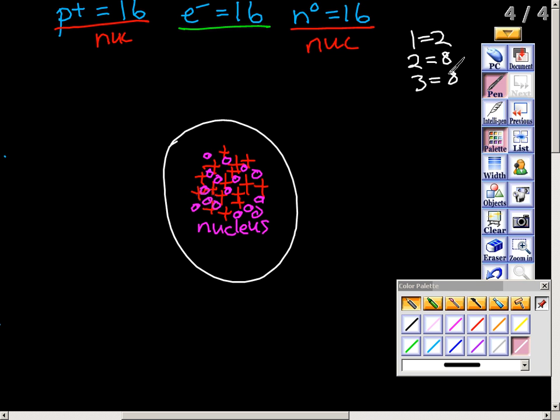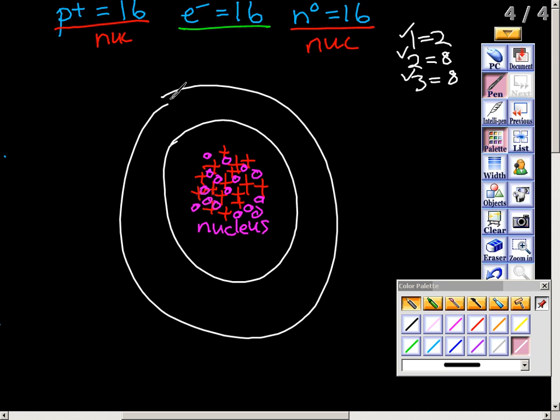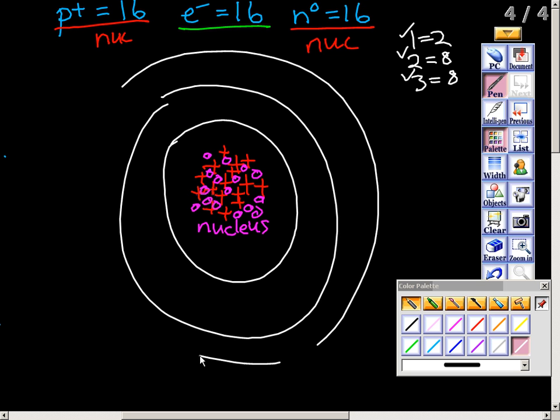And I have 16 total. So I'm going to definitely have a level 1, definitely have a level 2, 2 plus 8 is 10, and the rest, the other 6, will sit in level 3. So I'm going to have 3 levels to my atom here, 3 levels to my electron cloud.